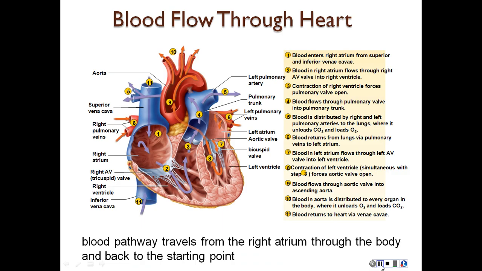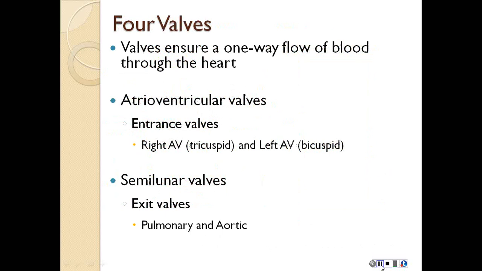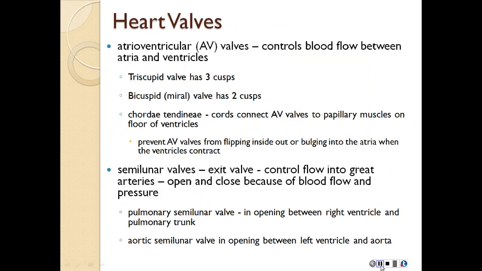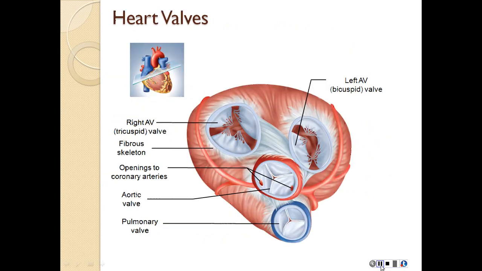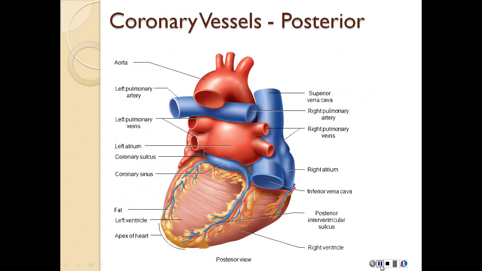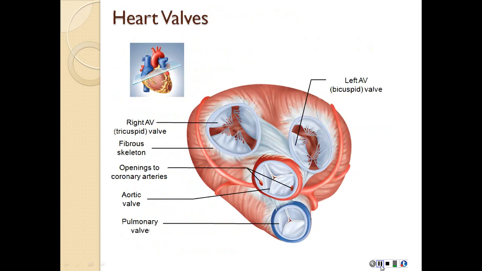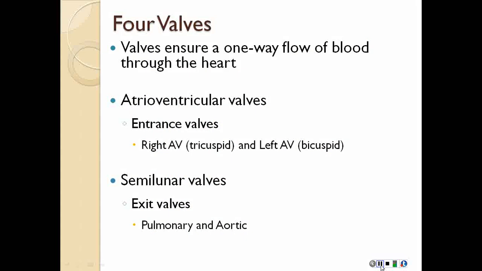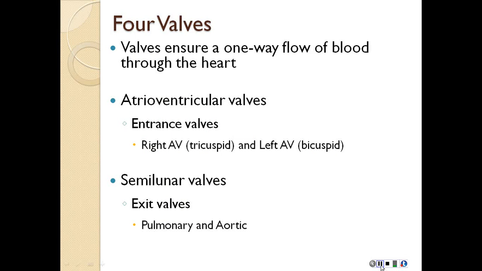Let's see if we have those terms on here. So that's the path of blood you all know about. Where's systole? Well, we'll come to that in a second. I thought that was coming up next. So the systole means contraction. Diastole means relaxation. But we'll see that in a moment.